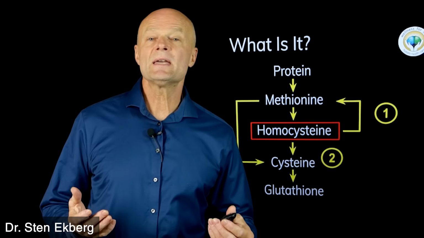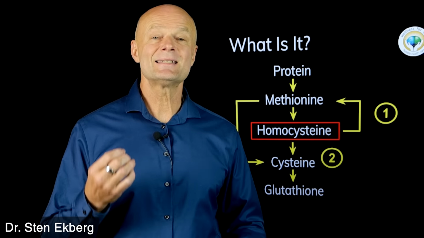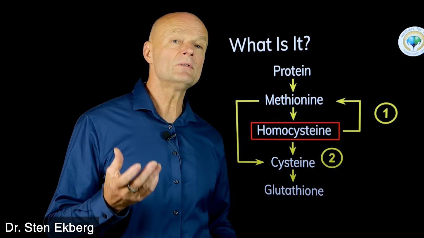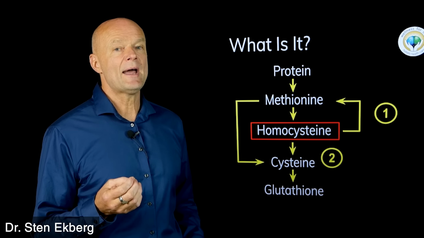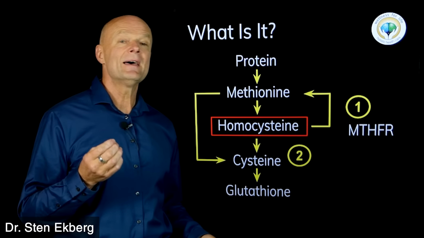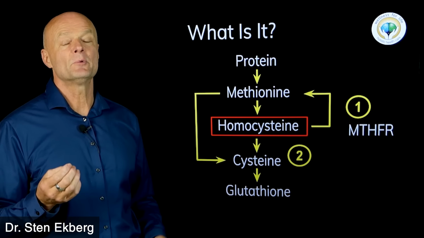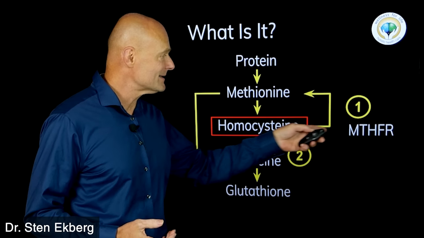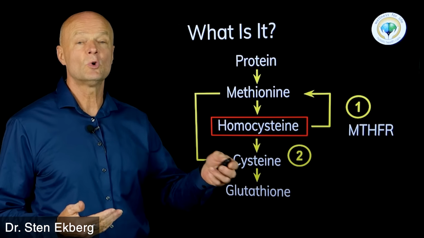And there are many different ways that this process can get stuck, and we're going to talk about several of them. The most important, perhaps, is if you have a genetic variant in the gene that makes MTHFR, which is an enzyme that makes this recycling process move forward.